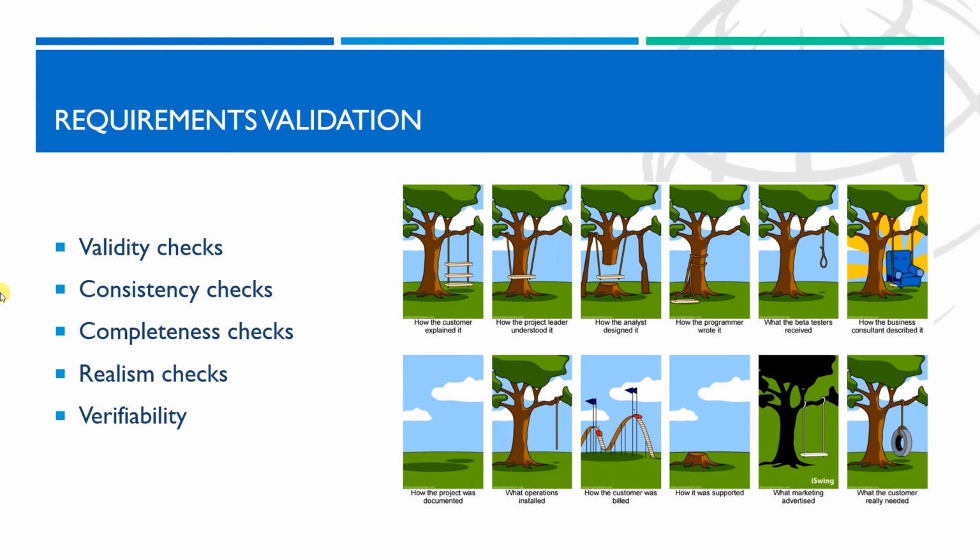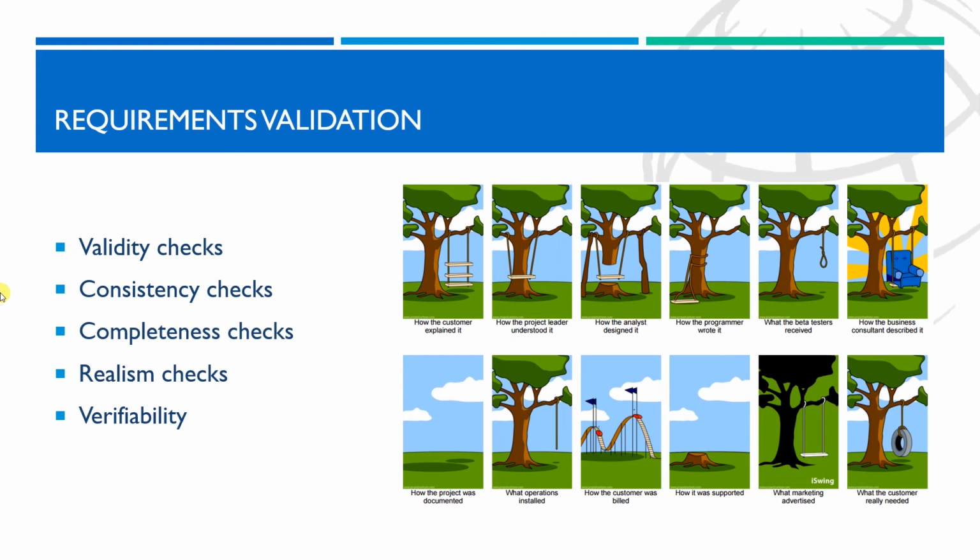The user requirements may have changed since they were originally elicited. And the question in the check to answer is, does the system provide the function which best supports the customer needs?